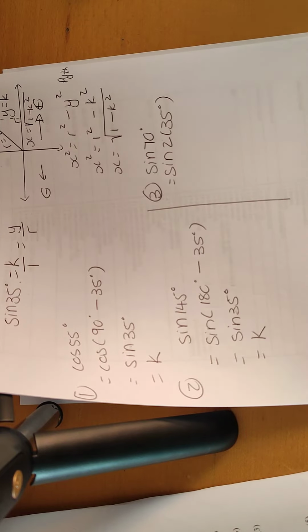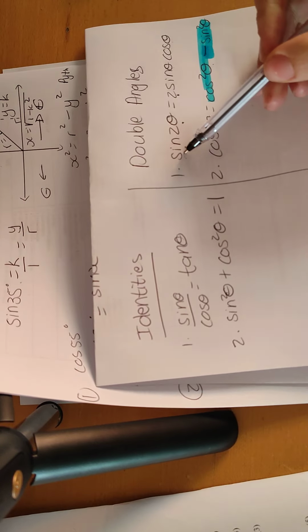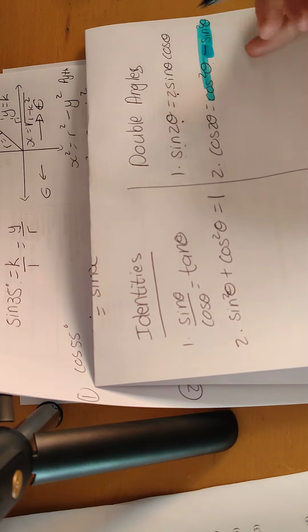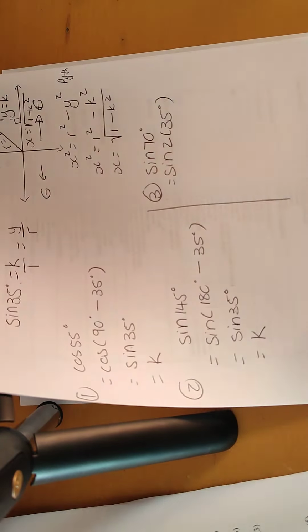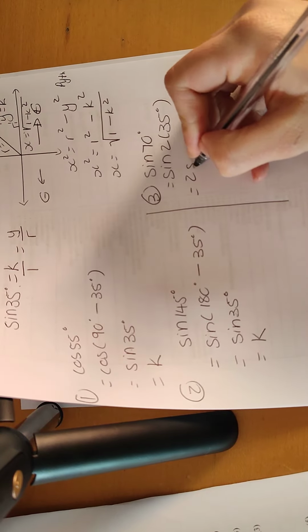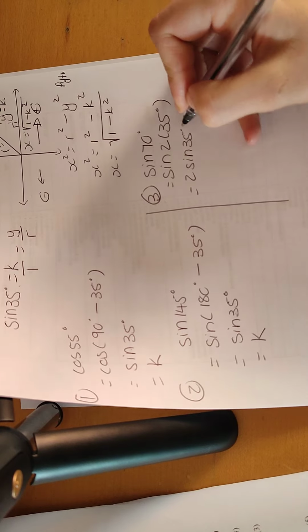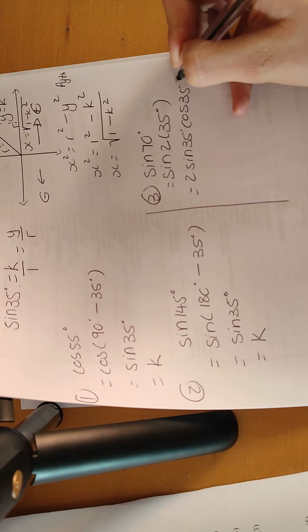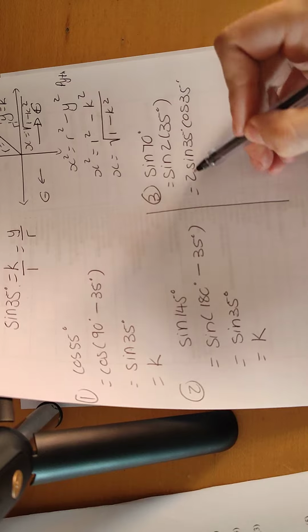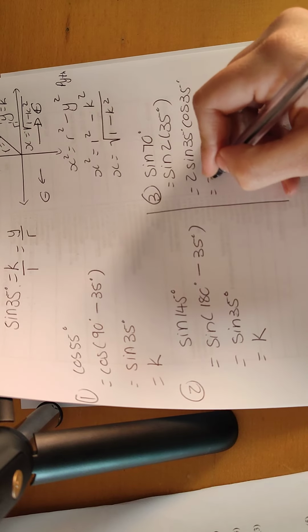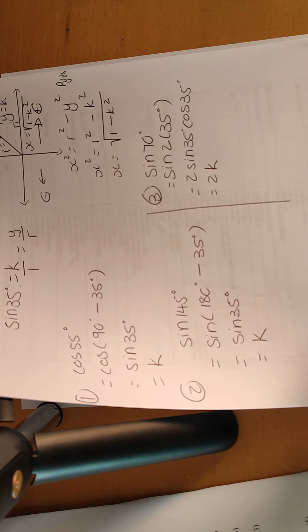And guess what again? Sine 2 times 35 degrees gives you a double angle, which means this is 2 times sine 35 degrees cosine 35 degrees. You have a value for sine 35 degrees. It's k. So this is 2 times k.